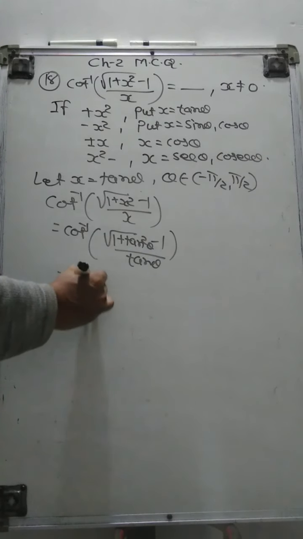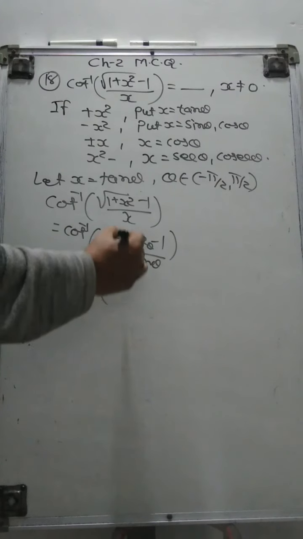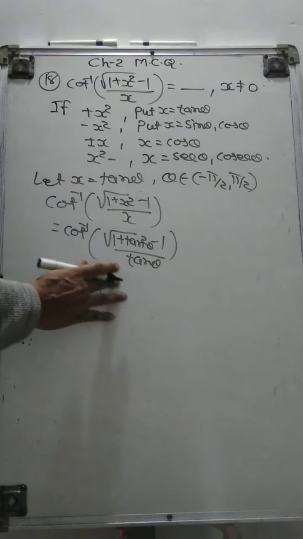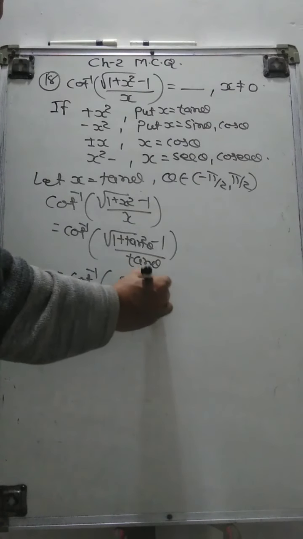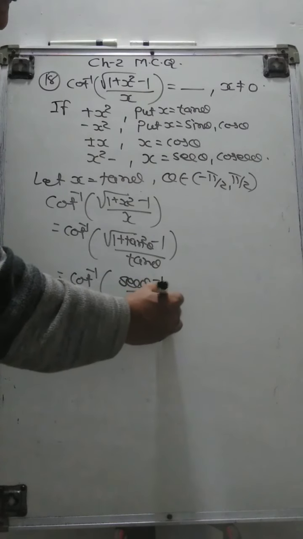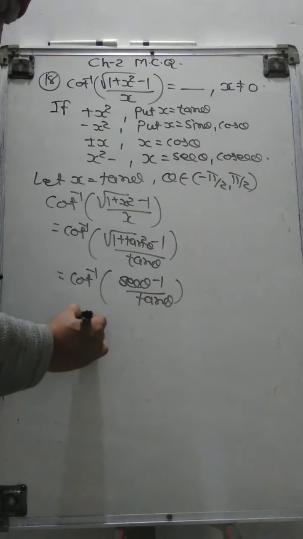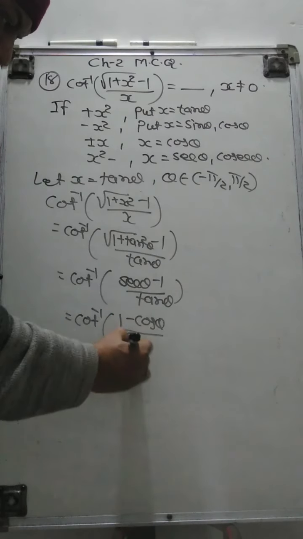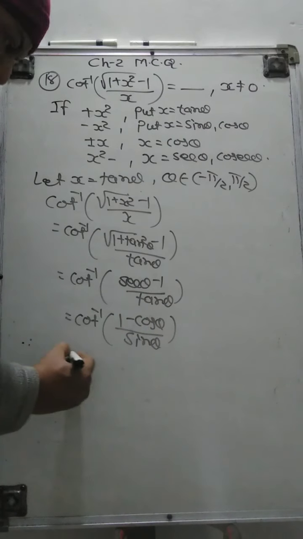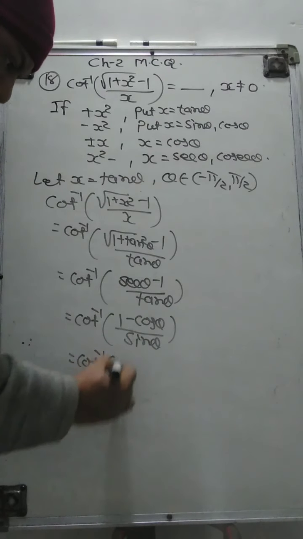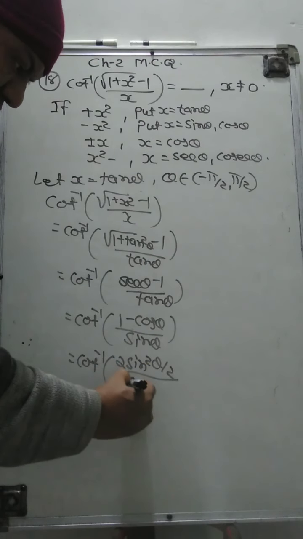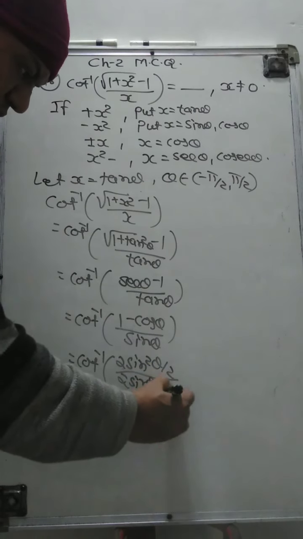So it is cot inverse, pi by 2 means cot, 1 plus tan square is sec square, sec theta minus 1 upon tan theta, convert into sin and cos upon sin theta. So cot inverse 2 sin square theta by 2 upon 2 sin theta by 2 cos theta by 2.